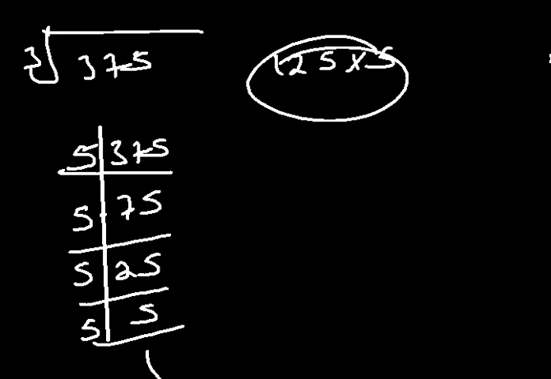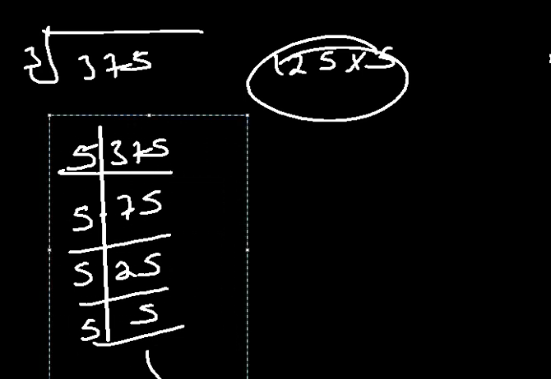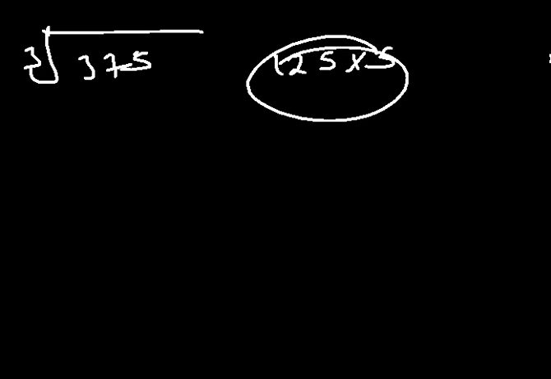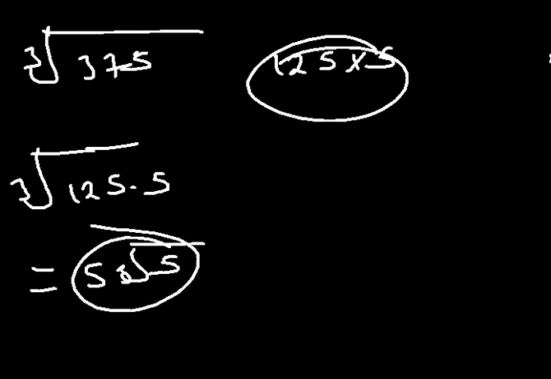So that is the pair of interest. Now the cube root of 125 times 5 is the same as the cube root of 125 times the cube root of 5. What is the cube root of 125? We'll have it as 5. So we just simply have it as 5 times the cube root of 5. That's the working principle behind that.